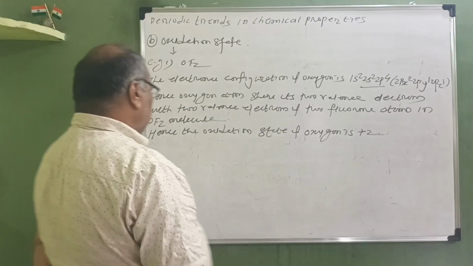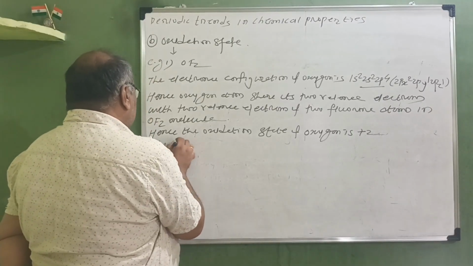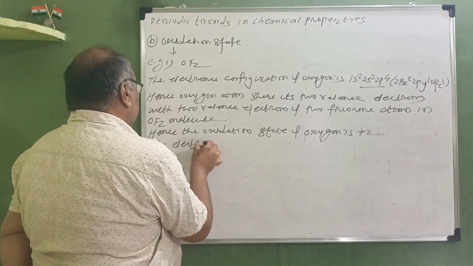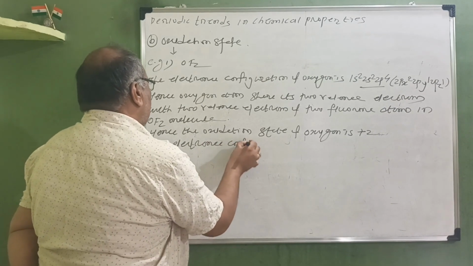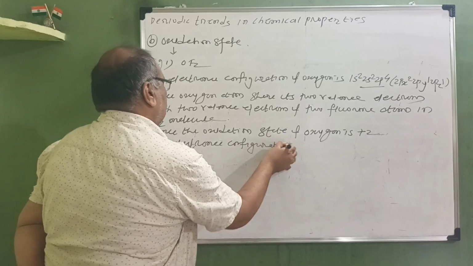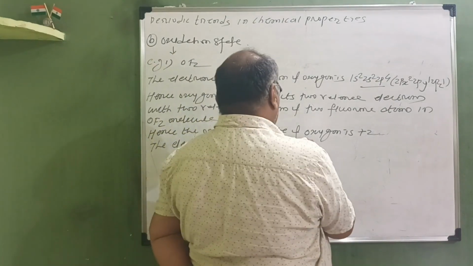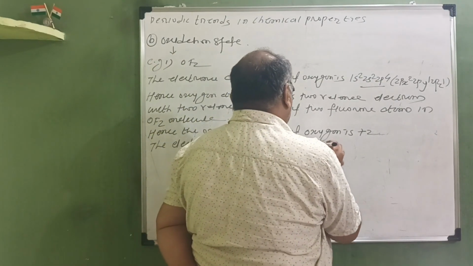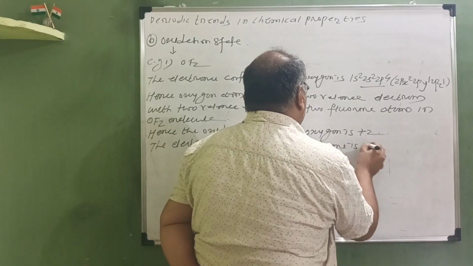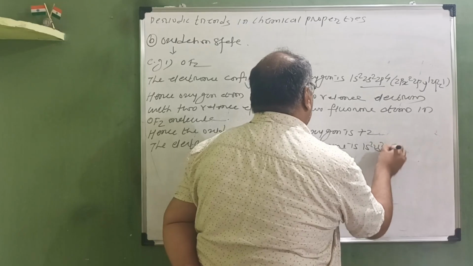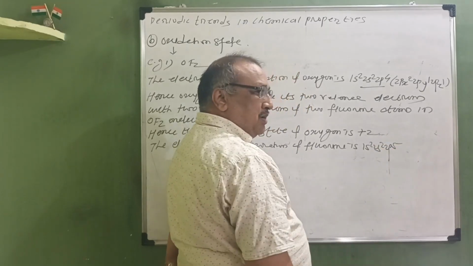Now the electronic configuration of fluorine is 1s2, 2s2, 2p5.